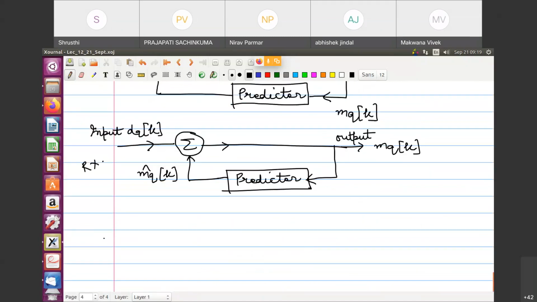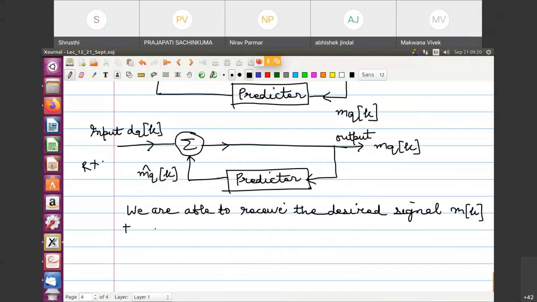Let me write it down. So they are able to receive the desired signal, M of k plus quantization noise, q of k.